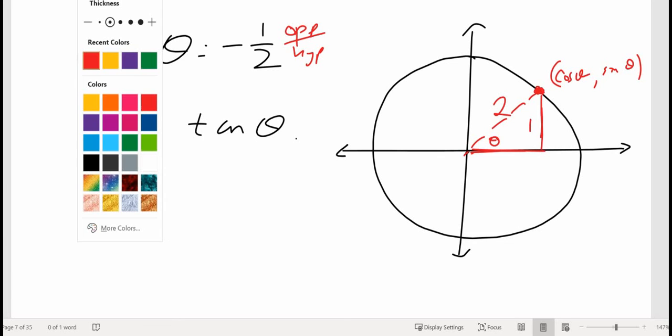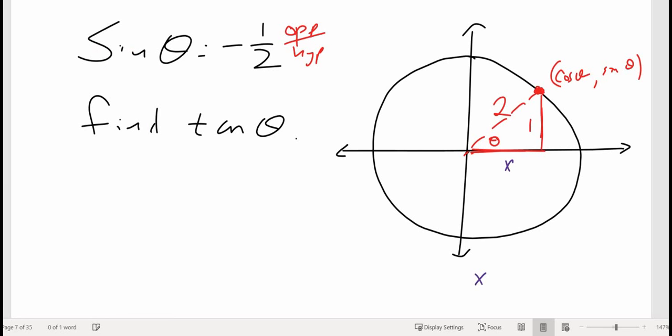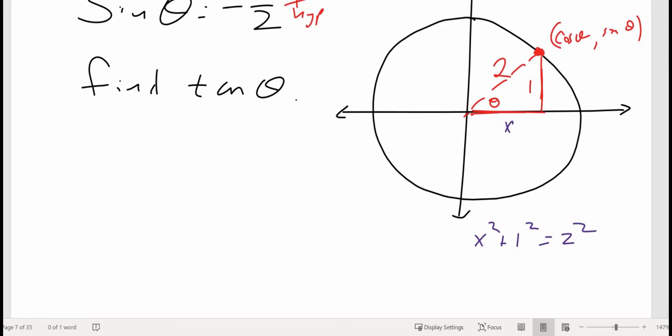I could use the Pythagorean theorem and say I can find that because x squared plus 1 squared has to equal 2 squared. So that's x squared plus 1 equals 4. So x squared is 3, subtracting 1 from both sides.